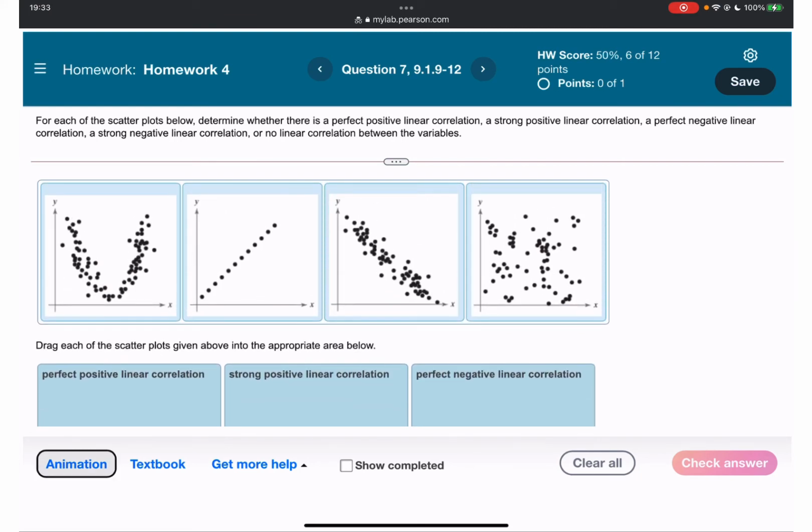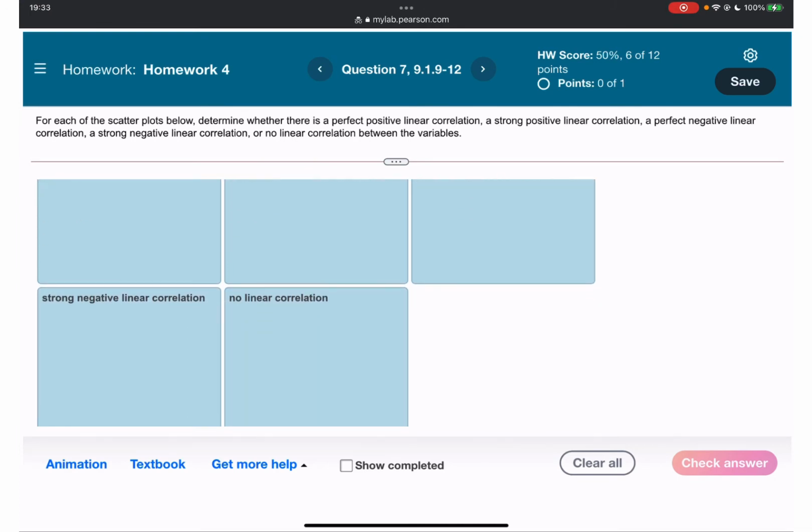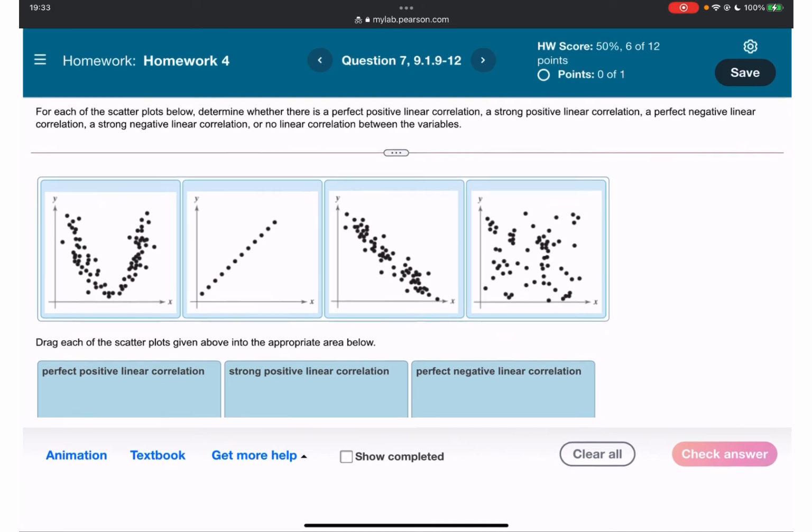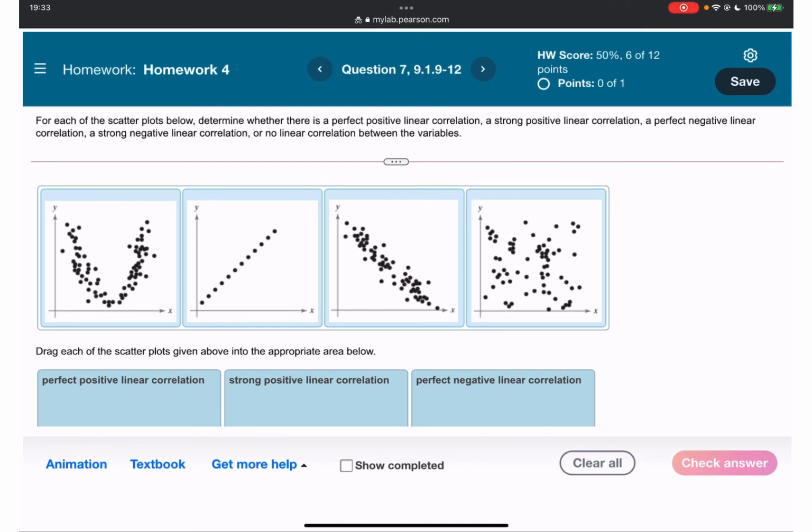Also, the first one is also no linear correlation, because it's a parabola, right? So first one and fourth one represent no linear correlation. Second one is a perfect positive linear correlation, and the third one is strong negative linear correlation.